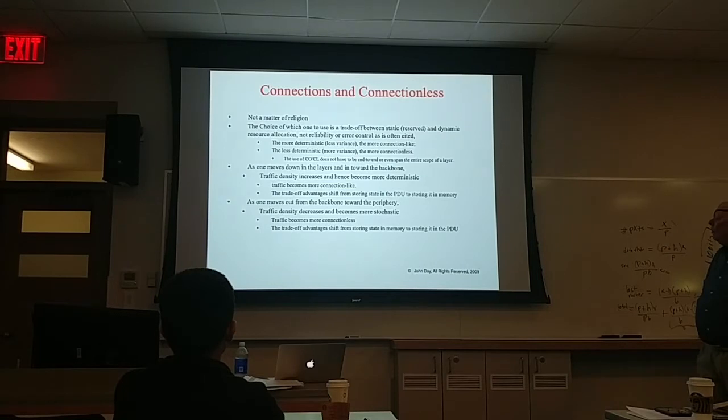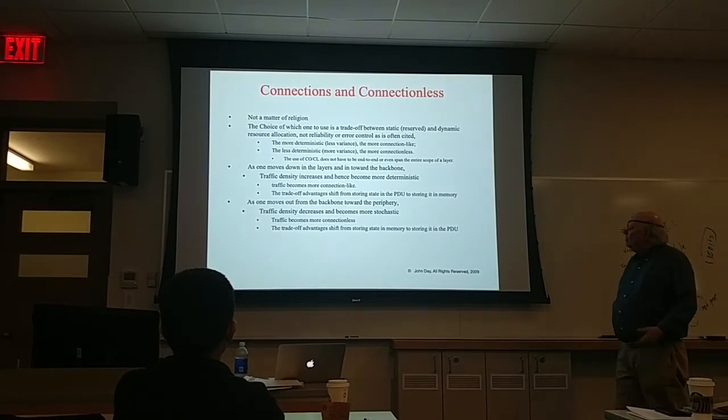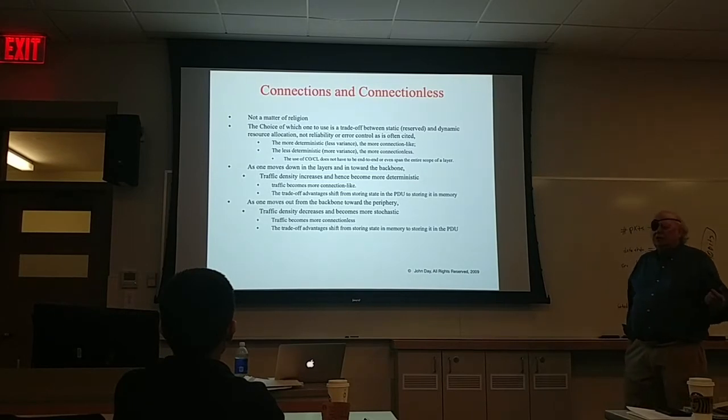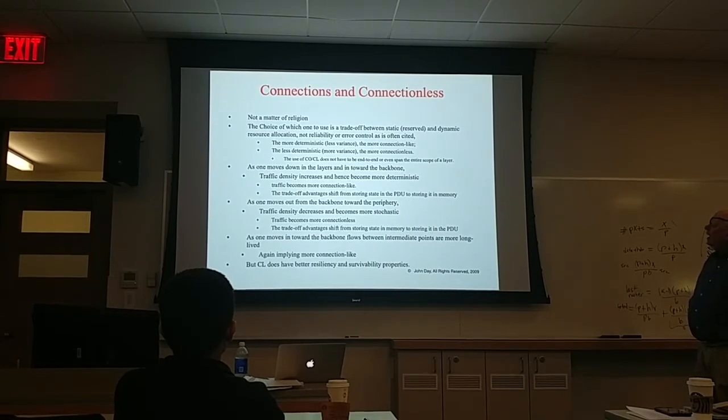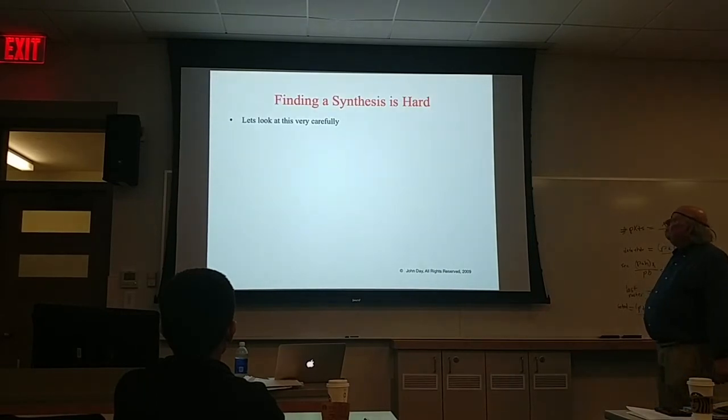As one moves out from the backbone toward the periphery, traffic density decreases and becomes more stochastic. Connectionless is probably more appropriate. Of course, connectionless does have better resiliency and survivability.